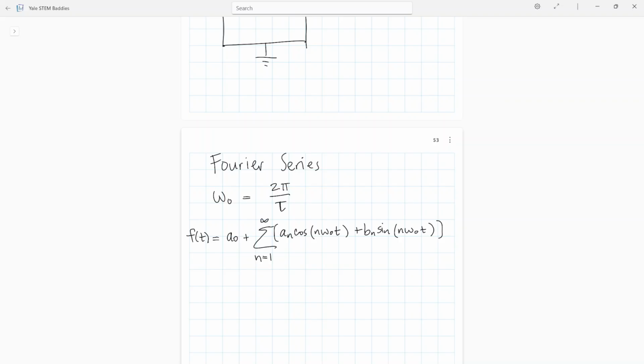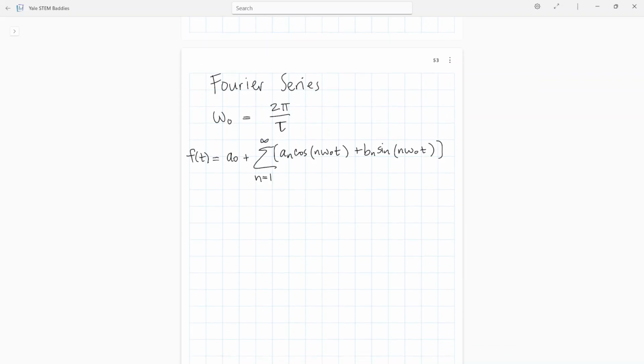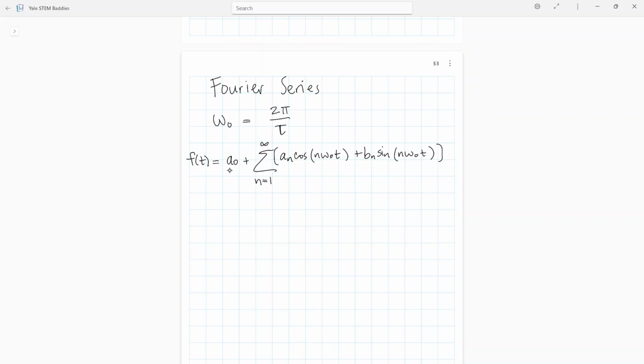This is how we're going to represent that signal f of t. Our goal is to find these coefficients, a0, a n, and b n, that put those harmonics in the correct ratios and mix them in a big recipe, adding them together so that they actually form f of t.